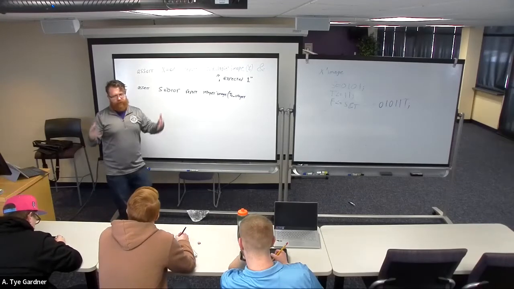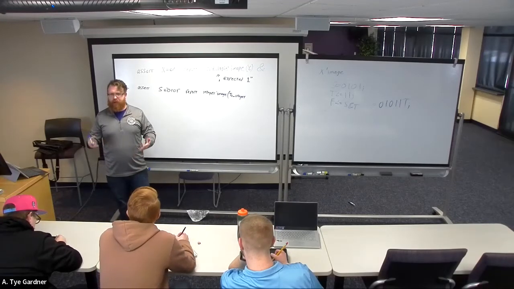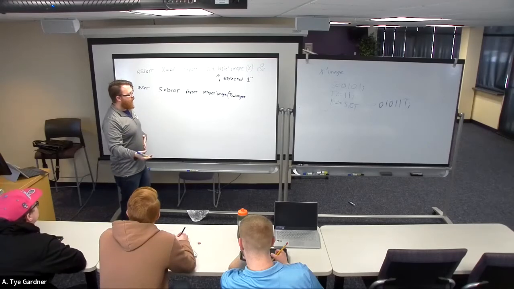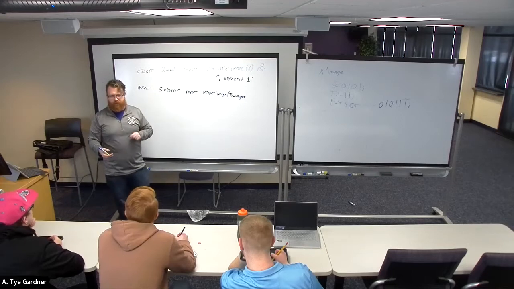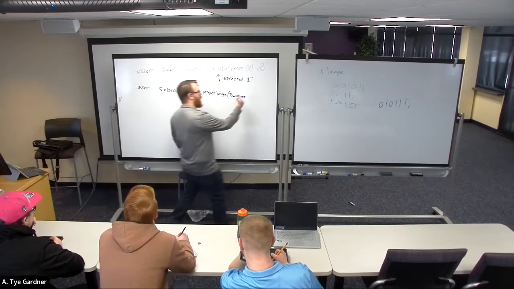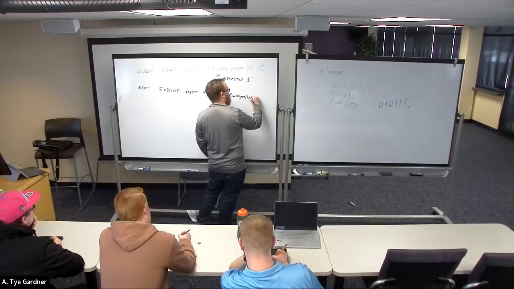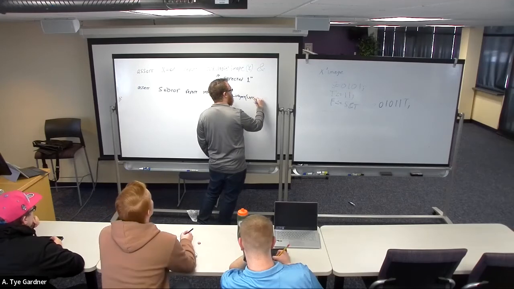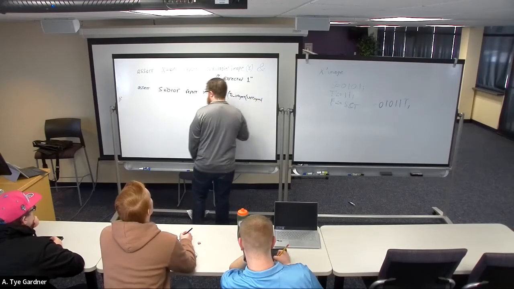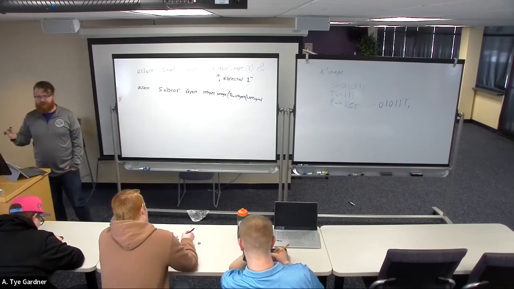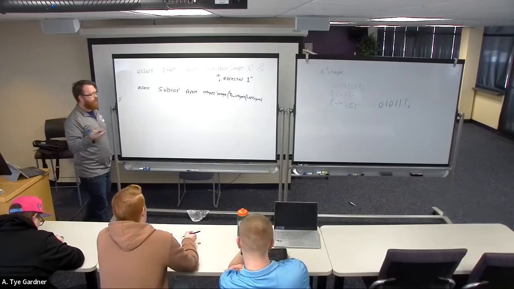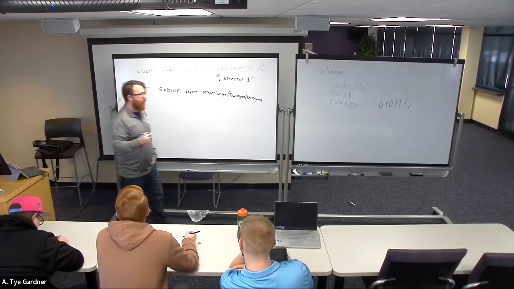But it turns out VHDL is obnoxious, and we don't have a way of going directly from a standard logic vector S to integer. So we have to take one more step and write unsigned. In this case, I don't write to_unsigned, which is one of those other quirks of VHDL that's not super helpful.